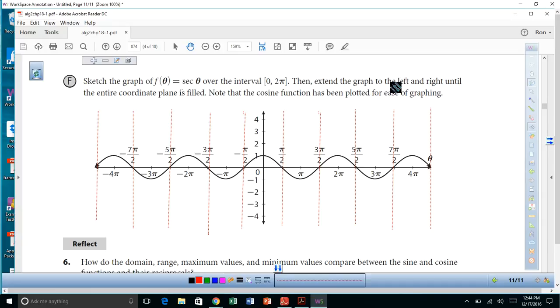Those straight pencil marks. All right, and this is secant theta.